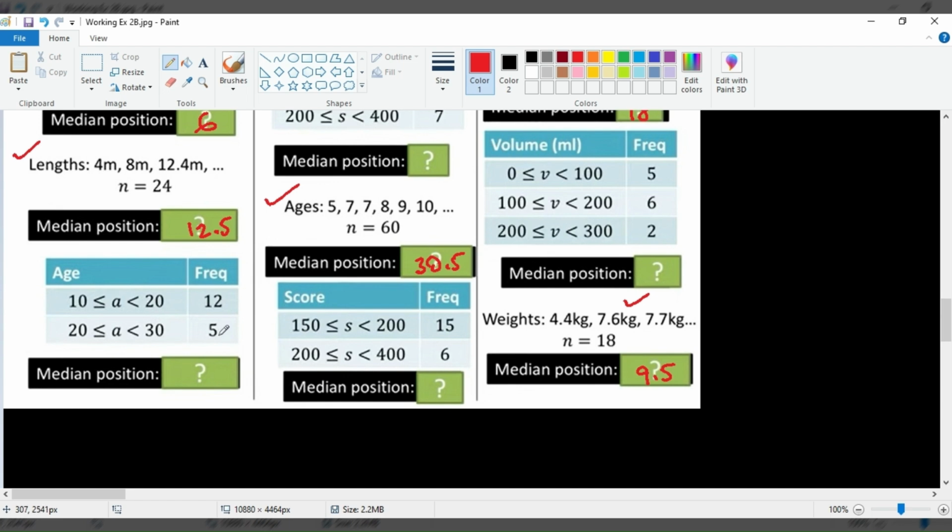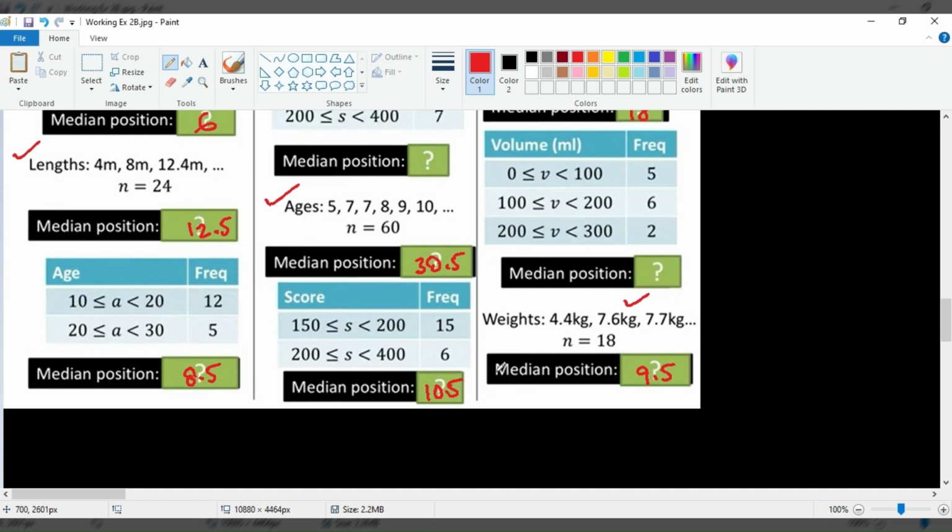12 plus 5 is a 17. 17 divided by 2 is going to give us 8.5, I guess. Yes, 8.5. Now, this one is 15 plus 6 is a 21. 21 divided by 2, that means 10.5.